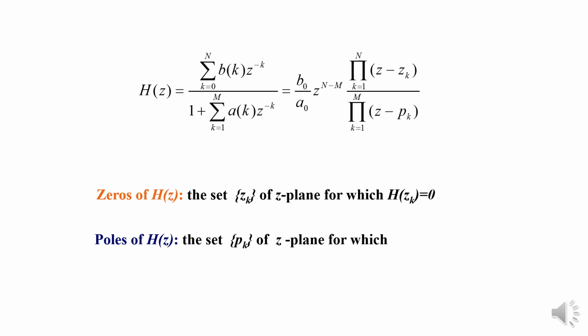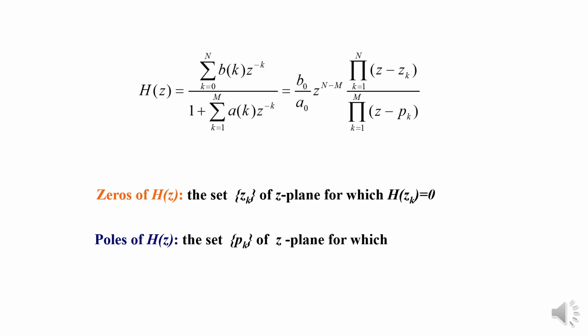Similarly, the set of pk values. pk is not just a single value, so pk will be k equal 1 to N, like p1, p2, p3, pm, likewise. When you substitute z equal to pk into H(z), H(z) will be infinite.